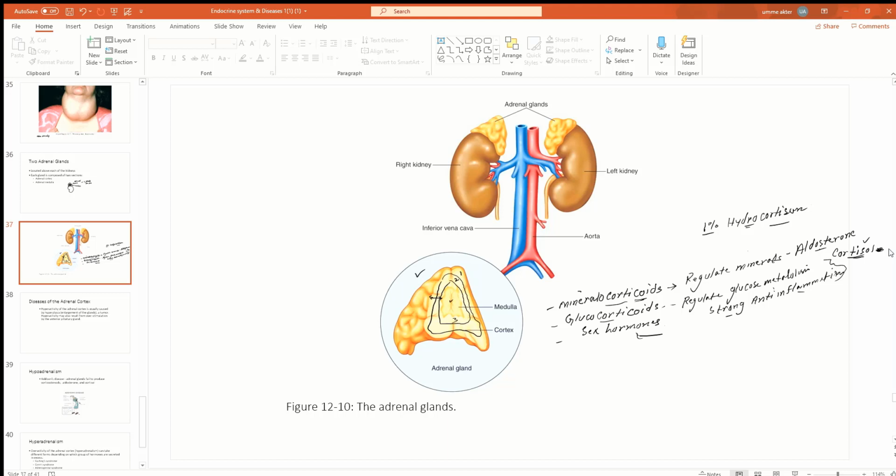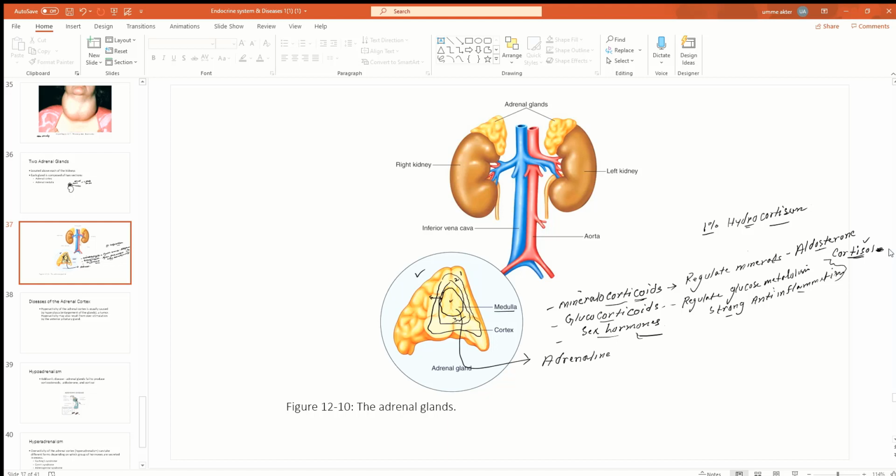And sex hormone is also produced by the innermost layer of the cortex. So these are the hormones testosterone and estrogen, androgen. Okay. Now medulla, the inner part, produces a very important chemical that is called adrenaline.